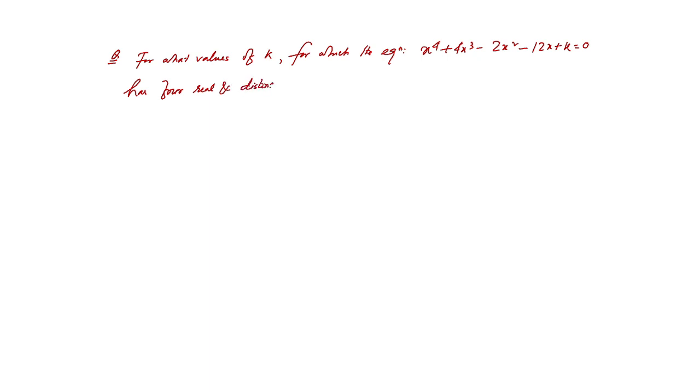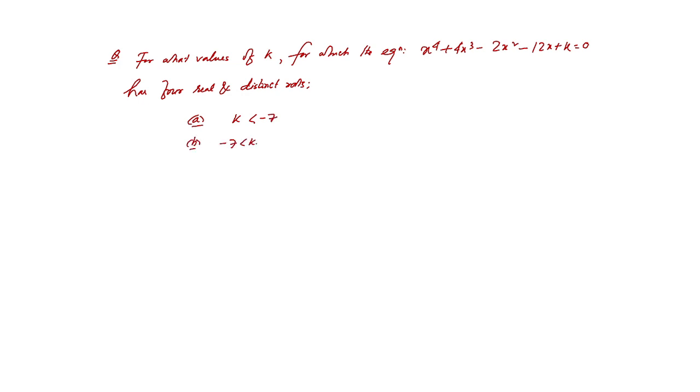For what values of k does the algebraic equation x to the power 4 plus 4x cube minus 2x square minus 12x plus k equals 0 have 4 real and distinct roots? Option A, k is less than -7.